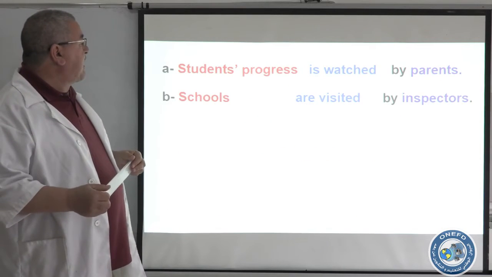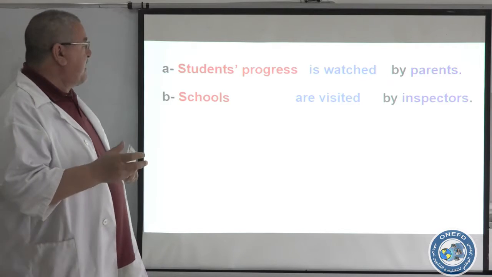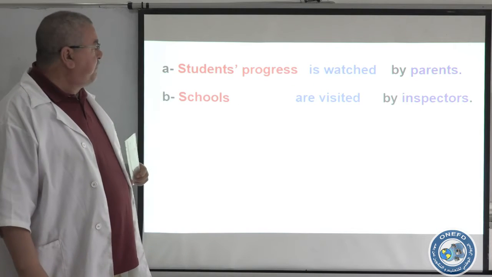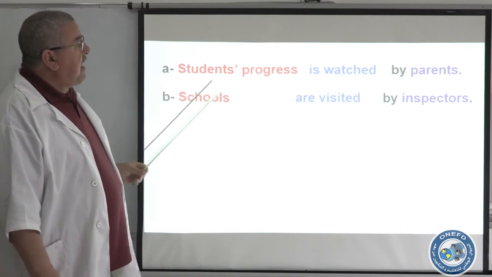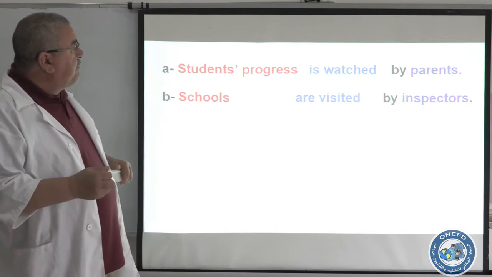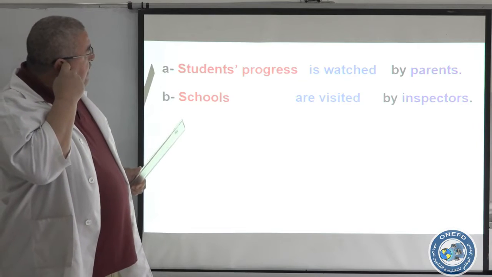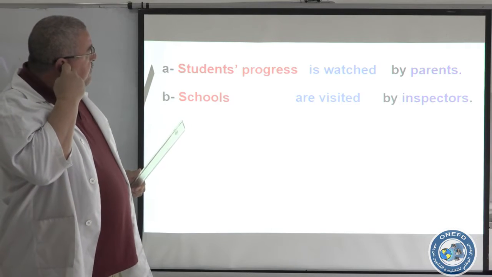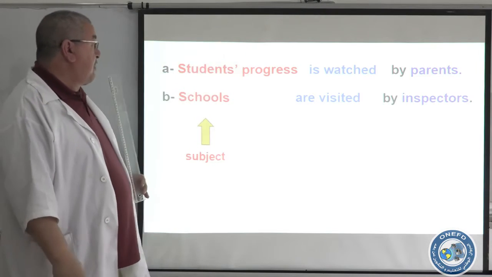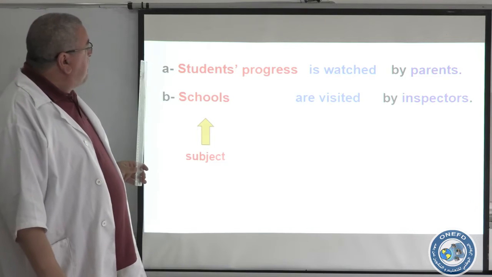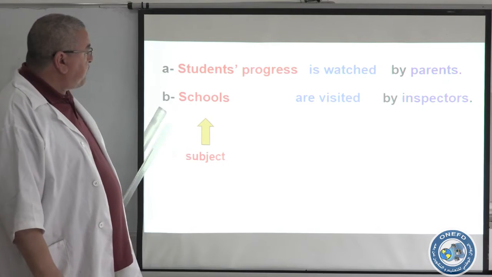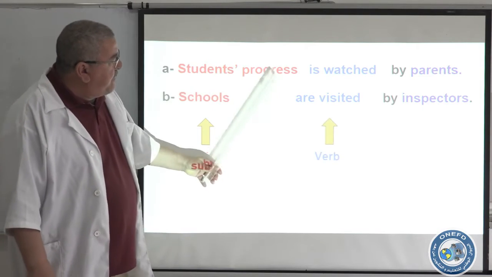Now, let's come back to sentences A and B here. Students' progress is watched by parents. Schools are visited by inspectors. Now, if we pay attention to the verb, we will see. Let's come back to the subject first. Students' progress and schools, we said, are the subject. And then the verb is here.